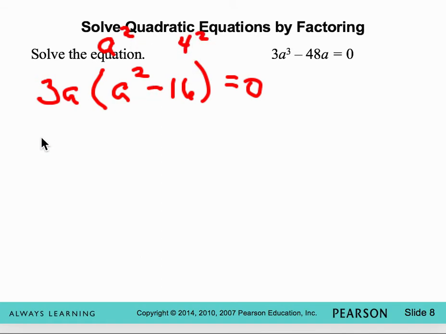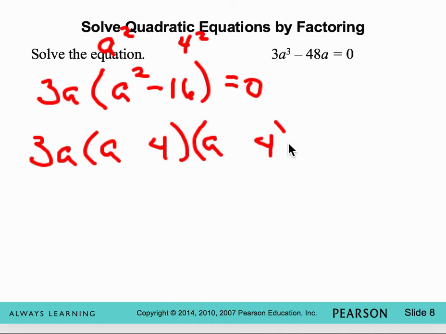Okay, so 3a, and I got an a and a 4 that goes into each of my two terms. One gets a plus, one gets a minus. If you have things multiplied together that equal 0, the only way that can happen is if one of them's 0.